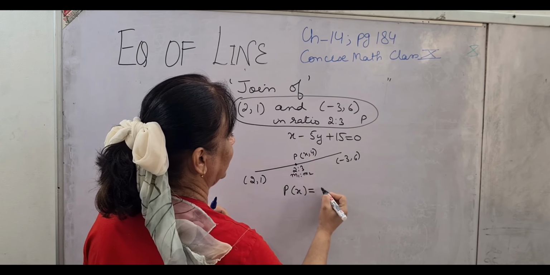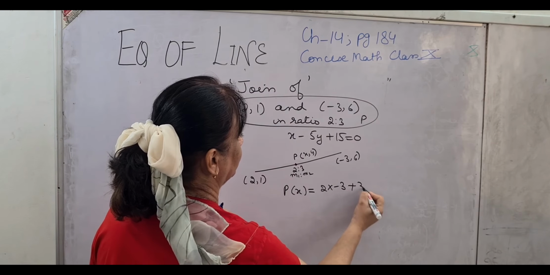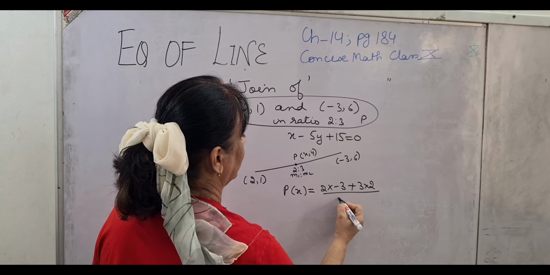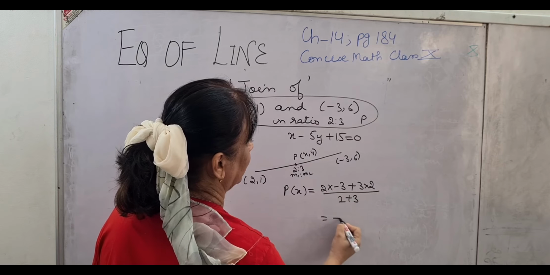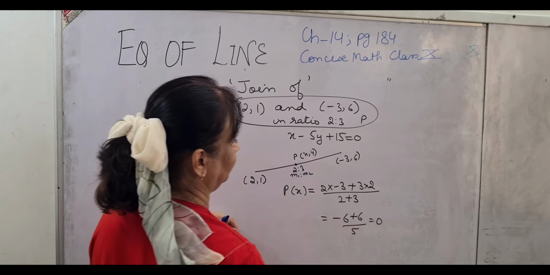2 into minus 3, m1 is 2, x2 is minus 3, plus 3 into 2, upon 2 plus 3, m1 plus m2. So this is minus 6 plus 6 upon 5, this is 0.